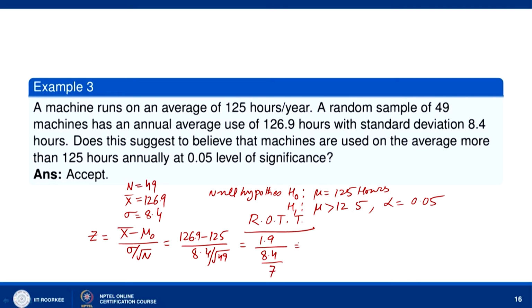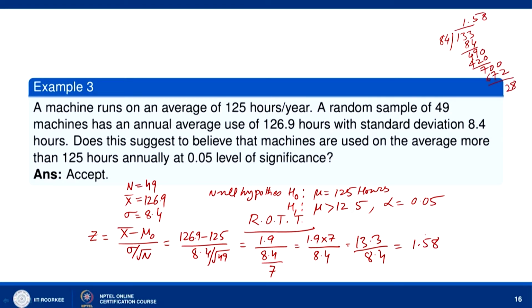So, this is 1.9 into 7, which is 13.3, divided by 8.4. So, 133 divided by 84. So, roughly 1.58.